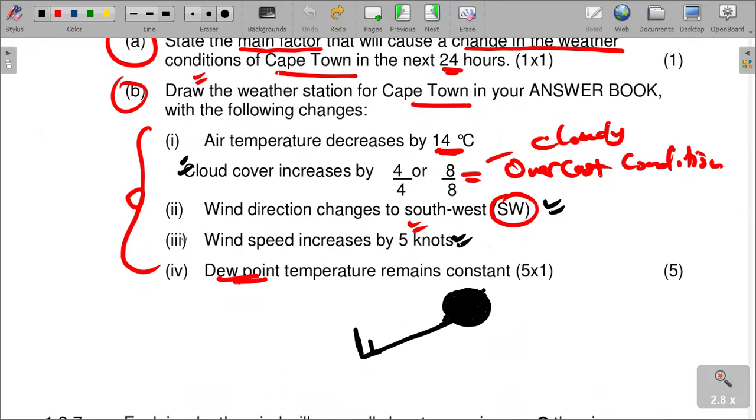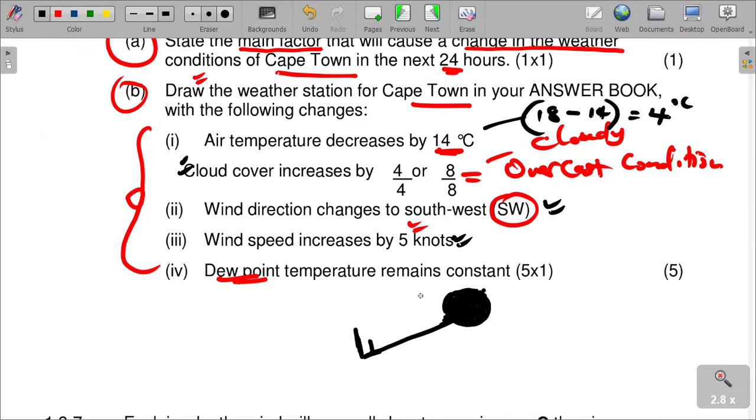Because our initial air temperature was 18, minus 14, our temperature now is going to be 4 degrees Celsius. And then we also want to understand that the dew point temperature remains constant.